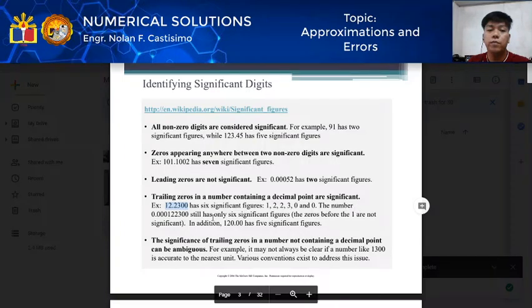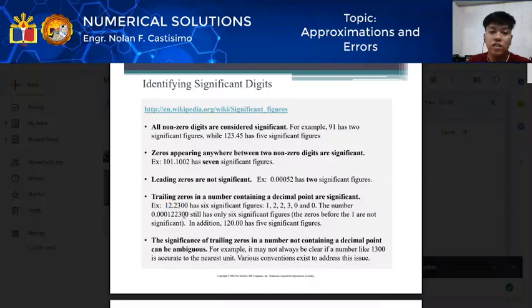Okay. So the number 0.00012230 still has 6 significant figures. Why? Because we have 2 zeros after the non-zero digits, while the zeros before the non-zero are not counted.